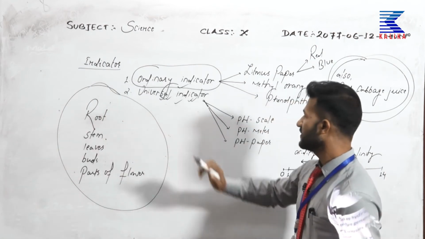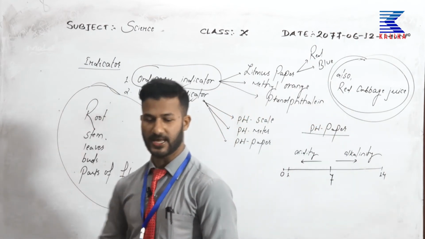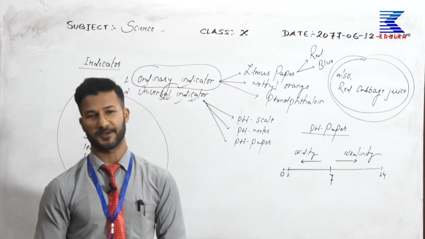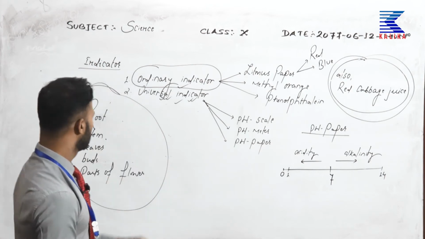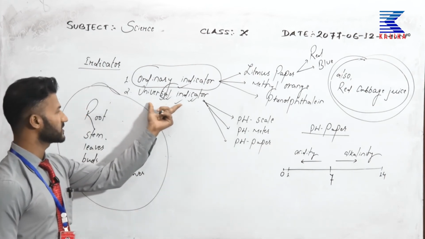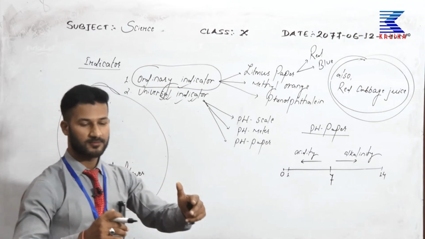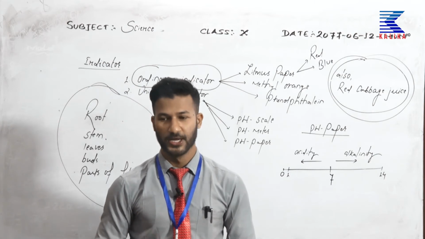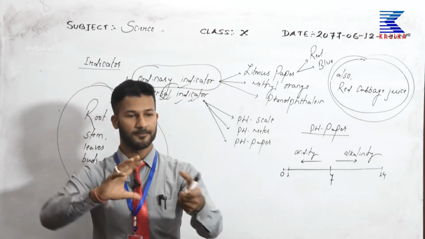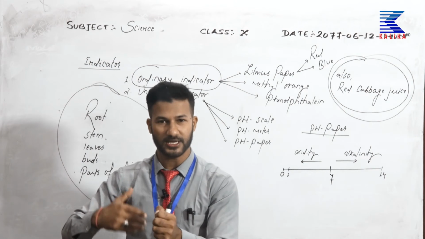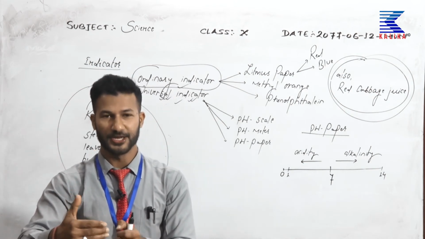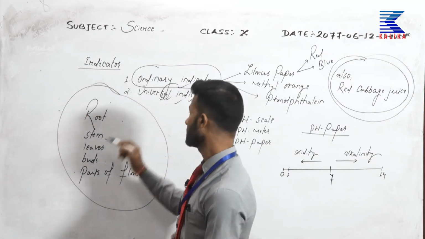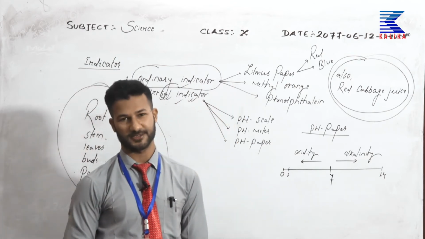But what is universal indicator and what materials are used to make universal indicator? Let me share that too. Universal indicator is a more refined form of ordinary indicator. Whenever ordinary indicators are mixed together and chemically processed, in a way upgraded, it becomes universal indicator.